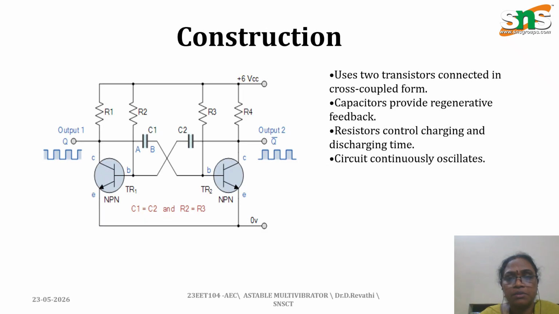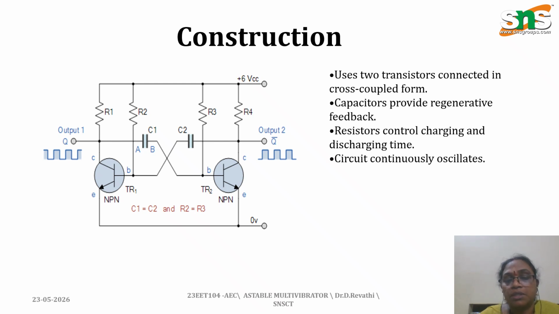First, we have to discuss the construction. What are the points we have to keep in mind? First, we are using two identical transistors. Identical transistors means both can be NPN or PNP. In the diagram, both are NPN transistors.